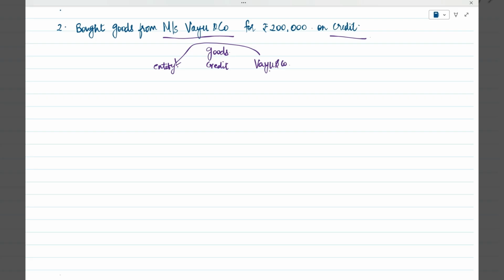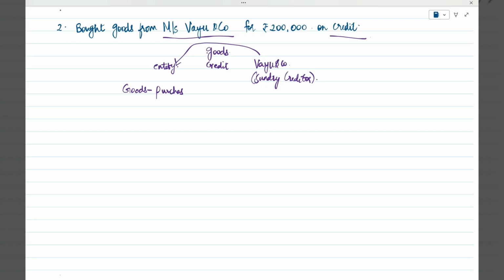That means who is this? Vayu is nothing but a liability for us. So it is a sundry creditor. Now we have identified two things. One is goods or stock, which we call purchases account.